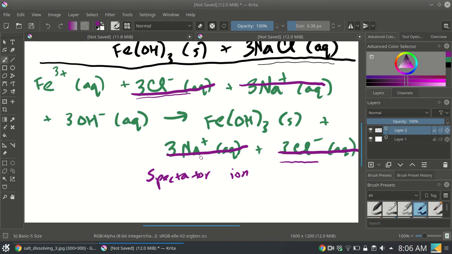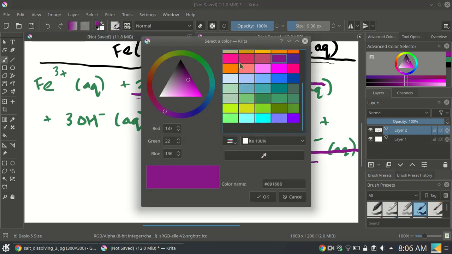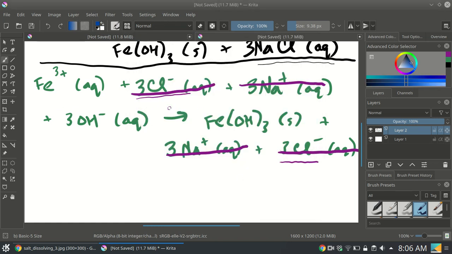Now, when you remove the spectator ions, you have a new chemical equation. Here, let me write this chemical equation for you again. I'm going to copy the same thing down without the spectator ions.